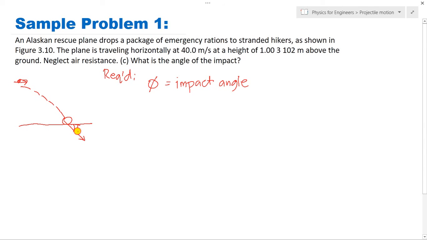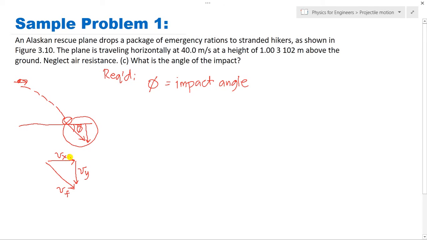This one, phi. So as you can see on this right triangle, we have this resultant, V final, and then here is our Vy. Diba class? And then also our Vx.